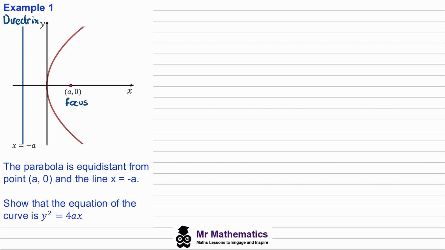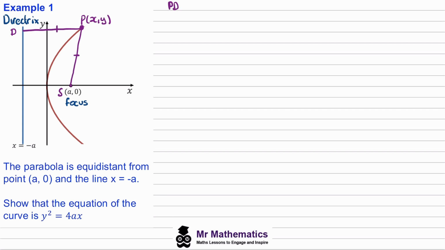So if we pick a point on the curve, say this point here, we'll call it point P, we'll give it an x and a y value. And if we draw a straight line from P to the focus, which we'll call point S, and another straight line from P to the directrix, which we'll call point D, then we're saying that the two lines are equal.